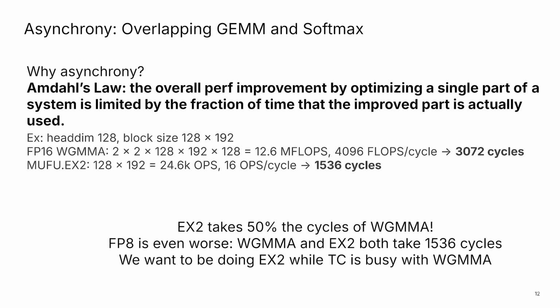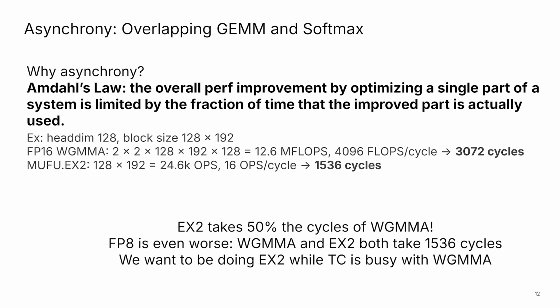I won't go through the exact example, but if you work through the flash attention algorithm and count how many flops you need for matrix multiply and how many flops for softmax, you see that the matrix multiply flops are way higher than the softmax flops. But the softmax requires an instruction called the exponential instruction.